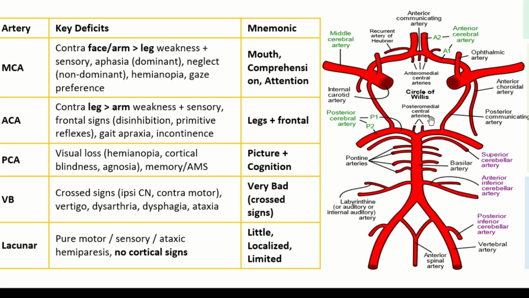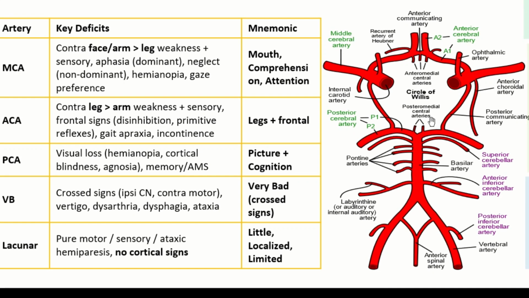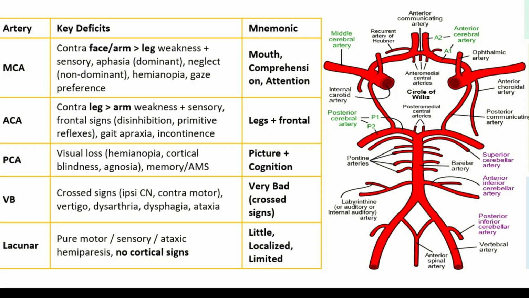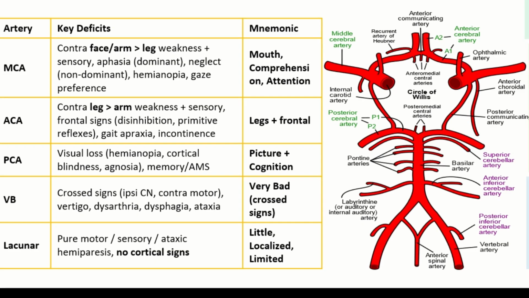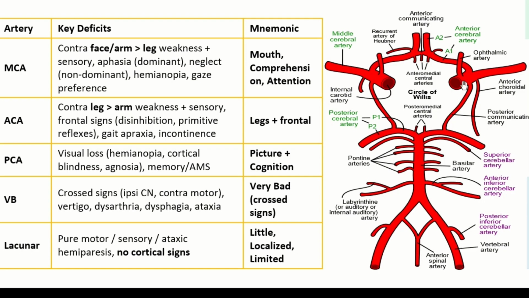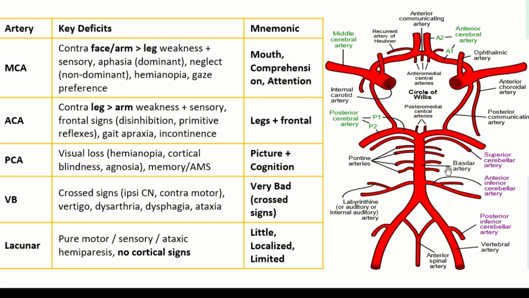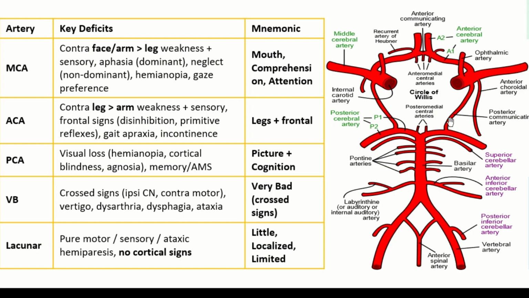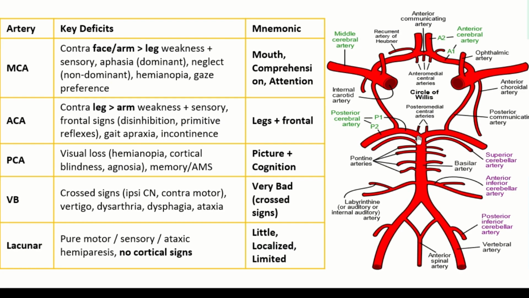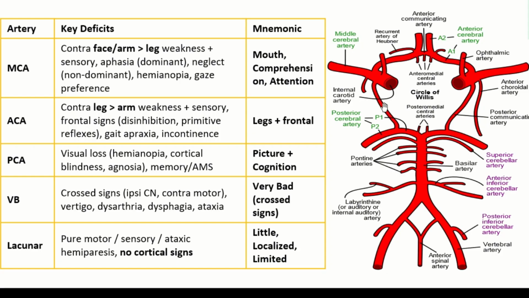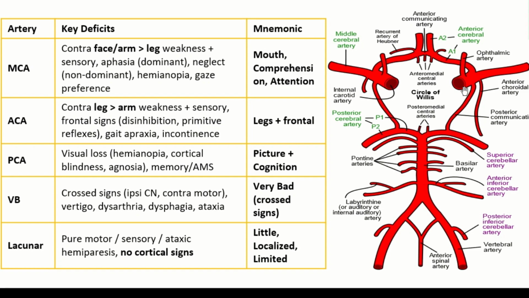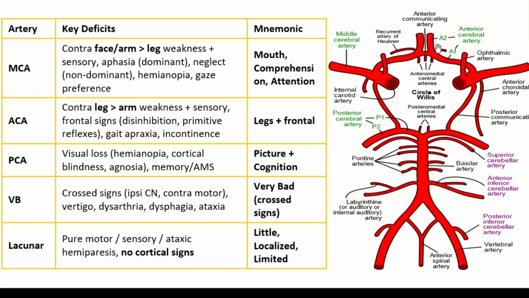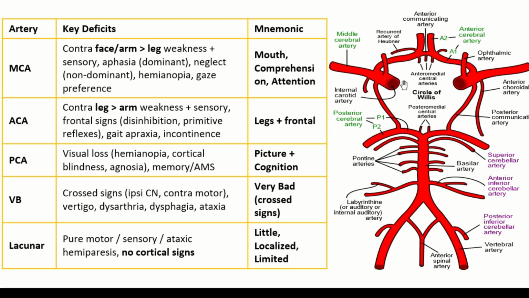The vertebrobasilar system also comes from behind, and we have the basilar artery giving off the pontine artery and the superior cerebellar artery. These form an anastomosis, joined by the communicating arteries, the posterior communicating and the anterior communicating arteries, and this completes the circle of Willis.